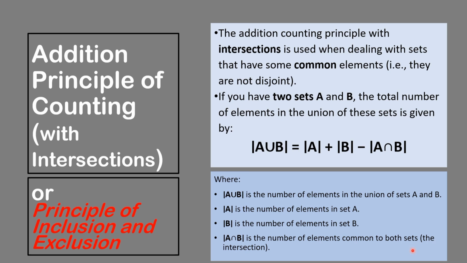This principle helps in accurately counting the total number of elements without double counting the elements in the intersection or overlaps. In simple words, if there are common elements or outcomes in two or more events or sets, add all the outcomes in each event and subtract the common elements.